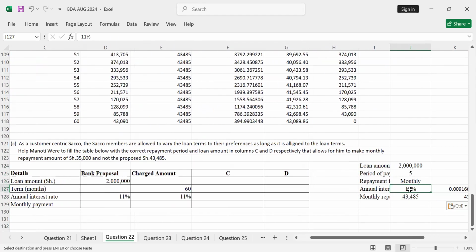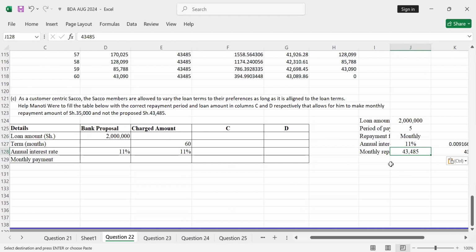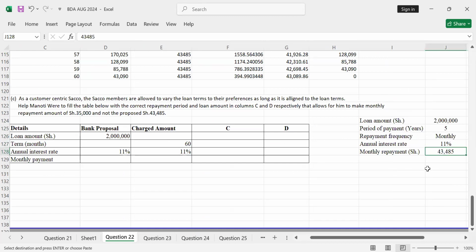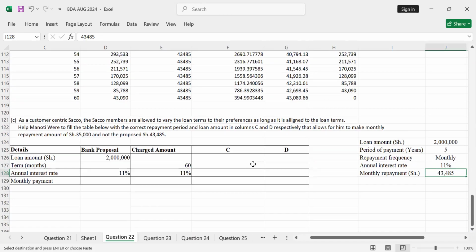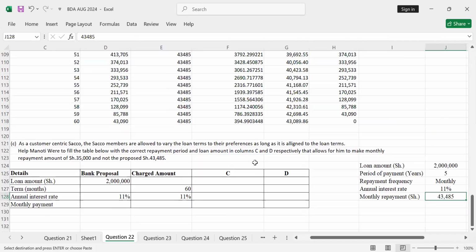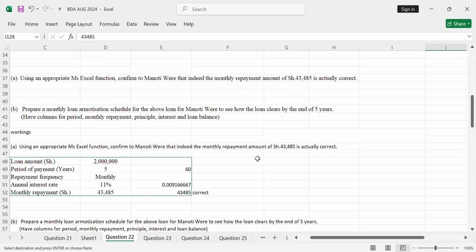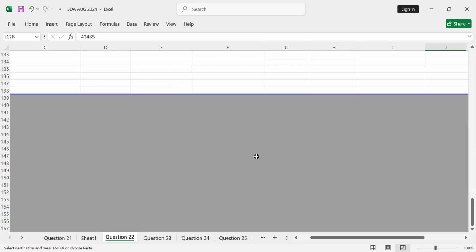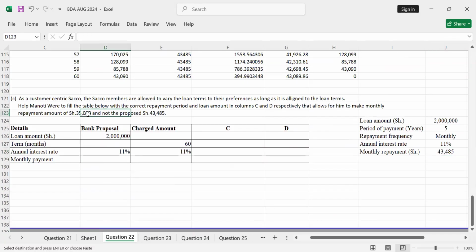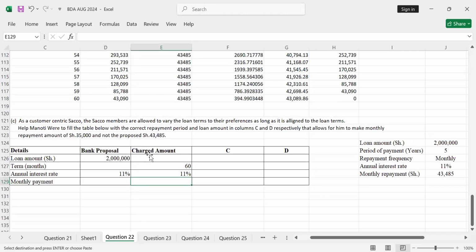So now we want to estimate how this will fit for him to be paying the exact amount of 35,000 here. In our case, we know at 11% the monthly payment is this amount here.